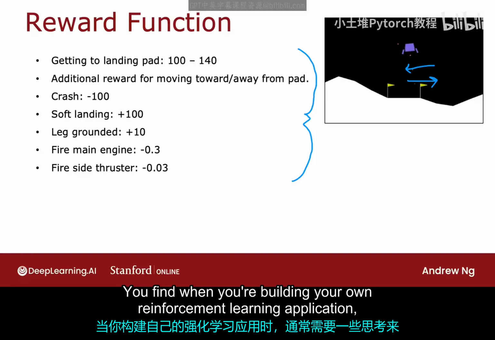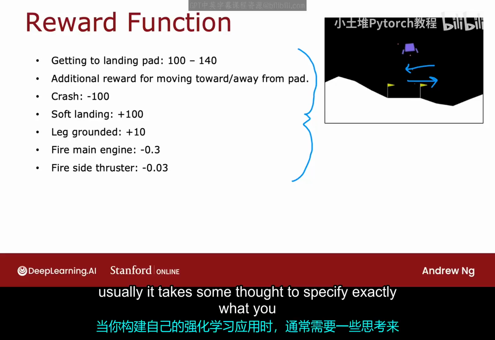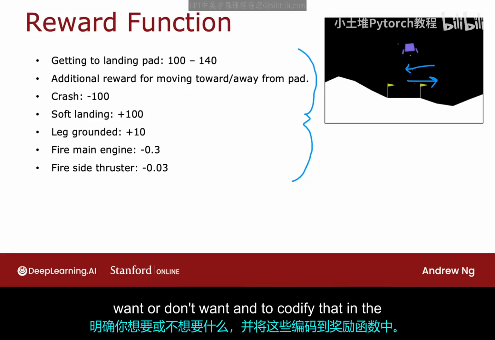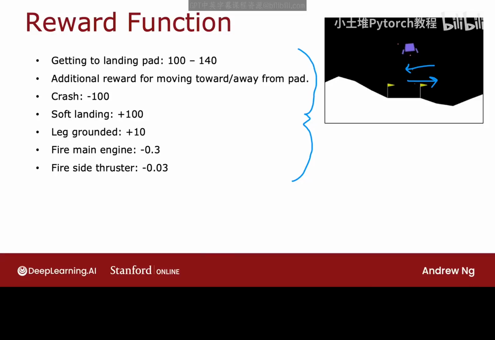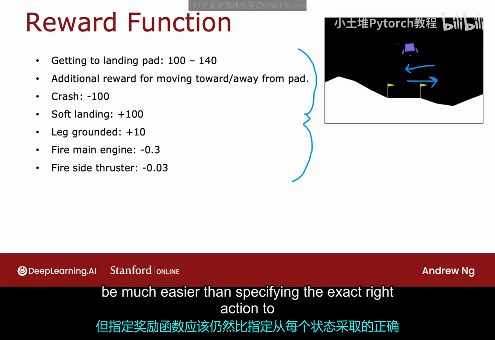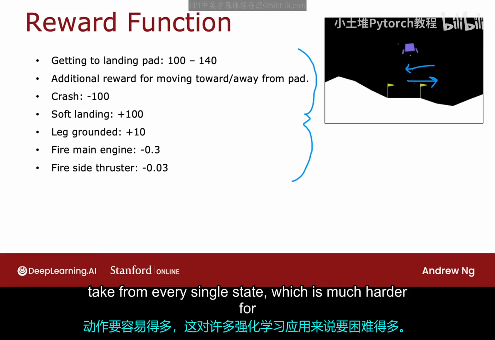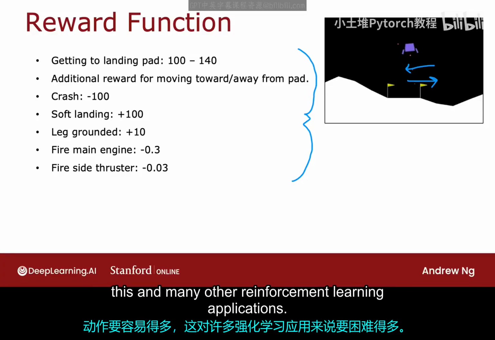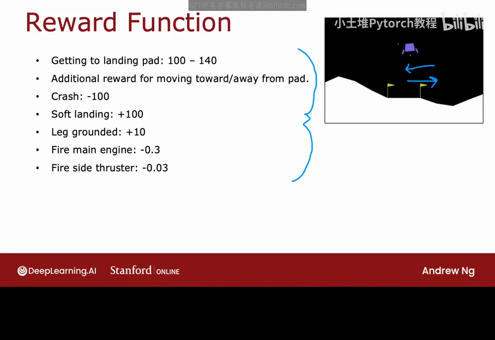You find when you're building your own reinforcement learning application, it usually takes some thought to specify exactly what you want or don't want and to codify that in the reward function. But specifying the reward function should still turn out to be much easier than specifying the exact right action to take from every single state, which is much harder for this and many other reinforcement learning applications.